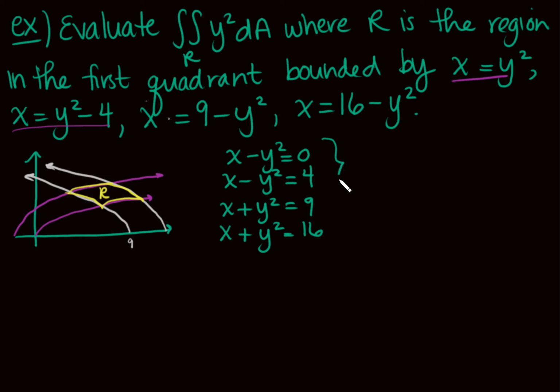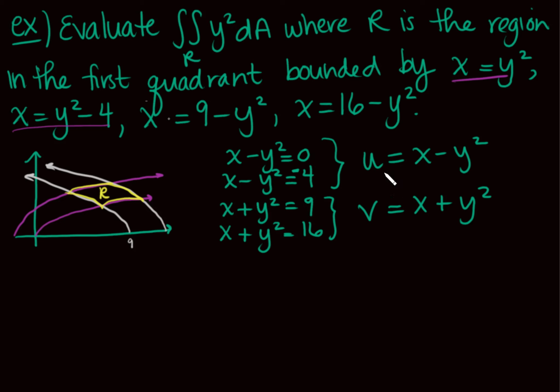So what this is telling me is a thoughtful choice for my substitution might be letting u equal x minus y squared. Oh, guys, I'm sorry, that's a negative 4, right? Negative 4. I might let u equal x minus y squared, and then here I'm going to let v equal x plus y squared, because it'll be fairly simple then to see what u and v are bounded by.